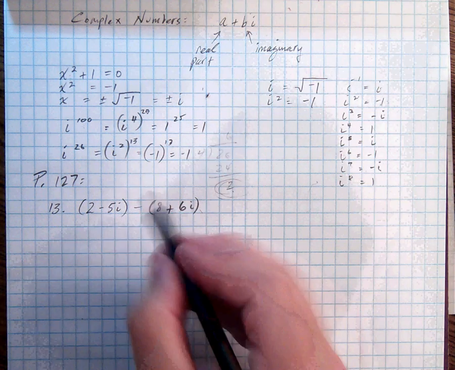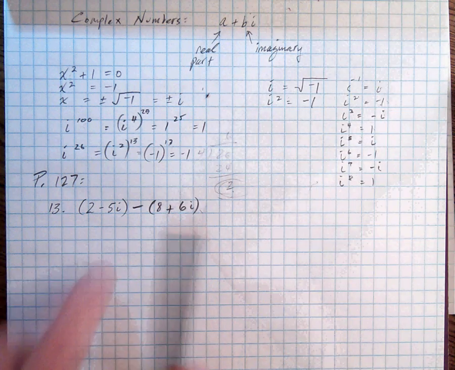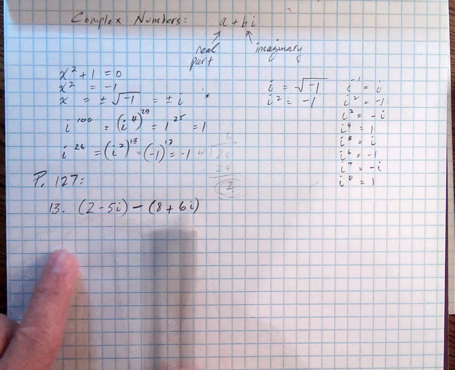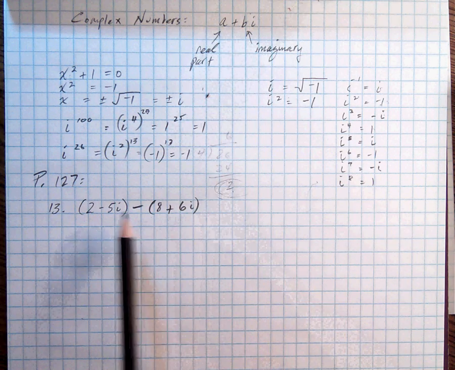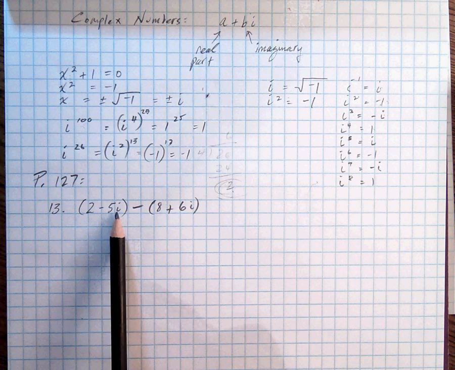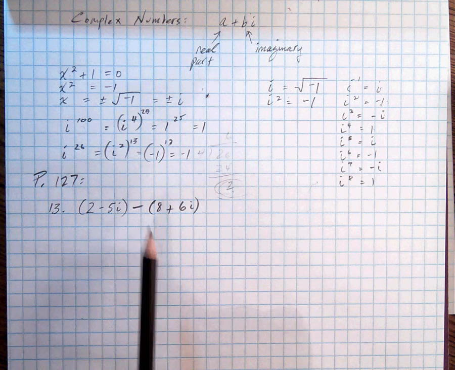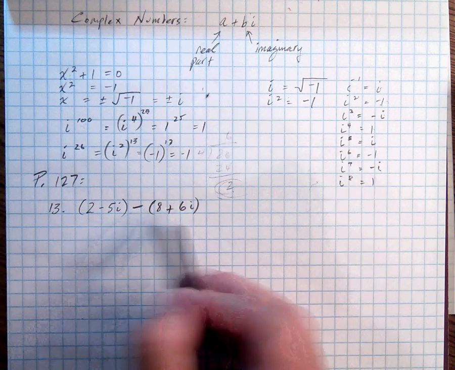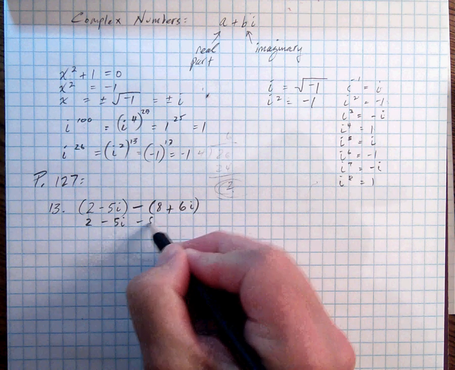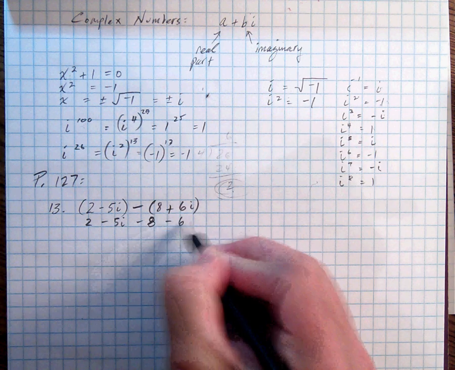Alright, now this is not a variable, but you can think of it as a variable when you're trying to simplify these expressions, right? So you can combine like terms in a sense, even though it's not a variable. It is a constant. I is the square root of negative 1. So I can distribute that negative, and I get 2 minus 5i minus 8 minus 6i.